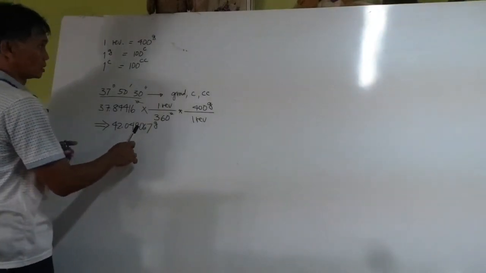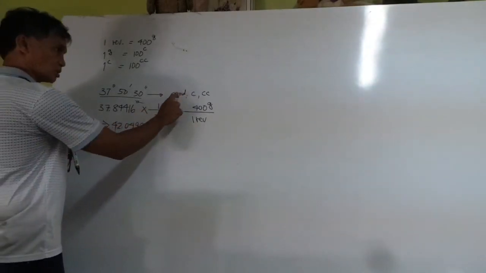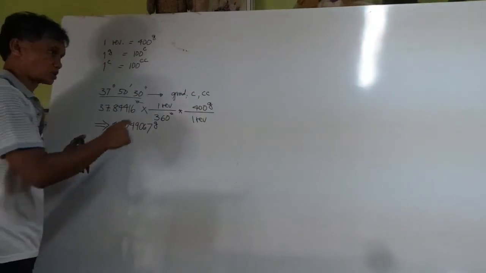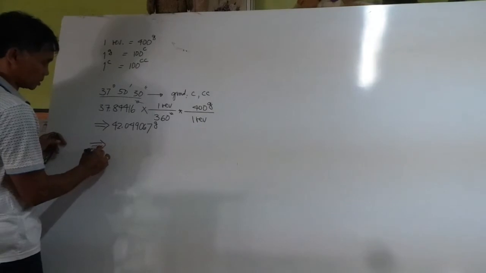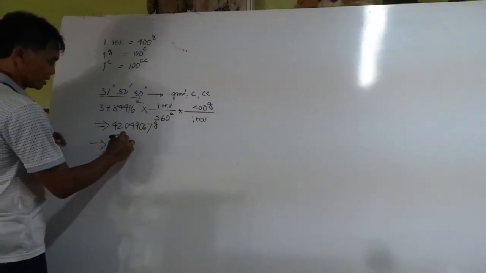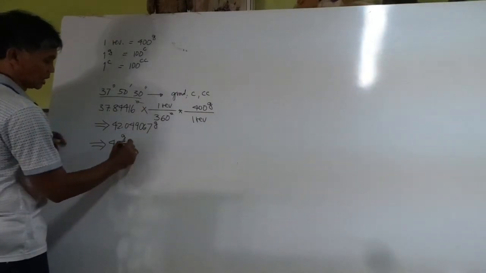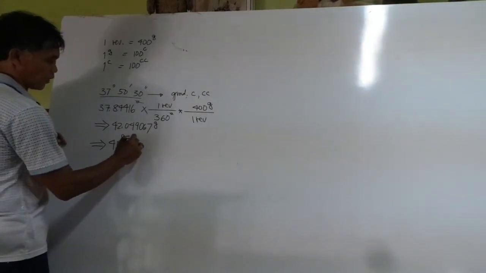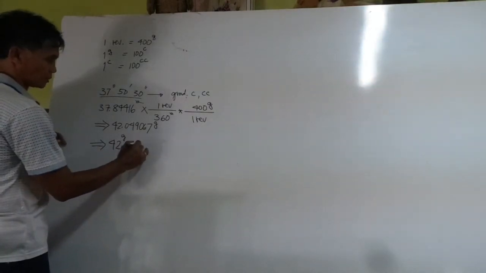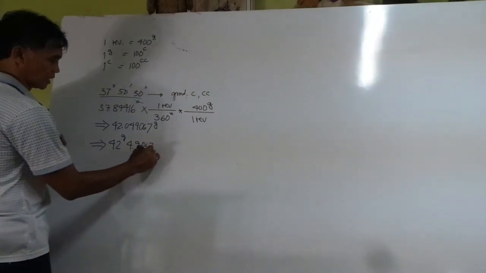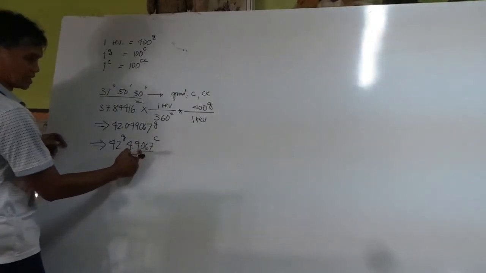But the question requires that you convert to grad, centigrad, and so on. So this is equivalent to 42 grads. The decimal part is now in centigrads, so multiply it by 100. So you have 4.9067 centigrads. Then you multiply the 0.9067 by 100 again, which is the equivalent of 1 centigrad.